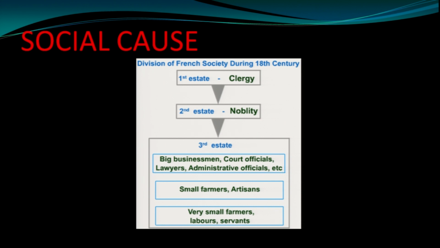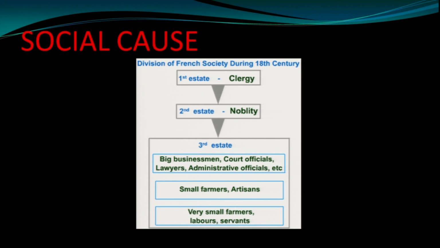And the third estate deals with the common people. This third estate itself consists of three categories of people. The first category consists of big businessmen, court officials, lawyers, and administrative officials. All these belong to the first category of the third estate.